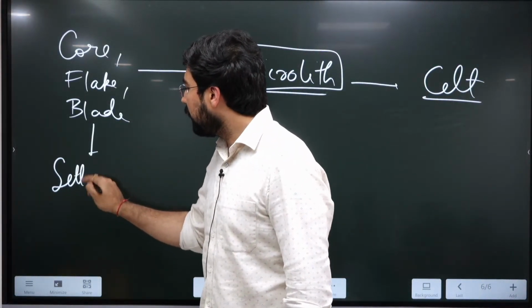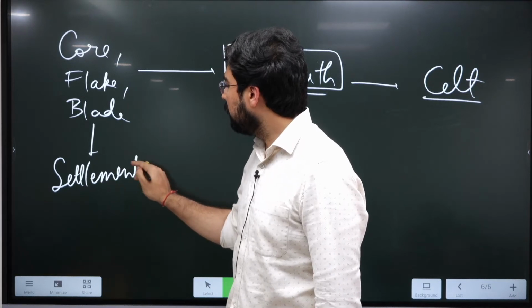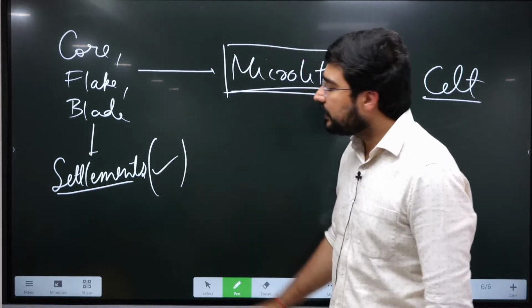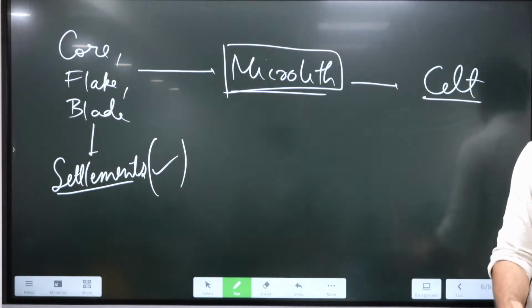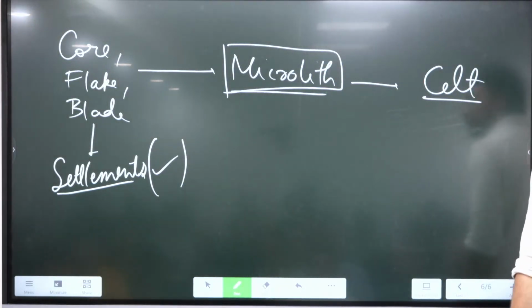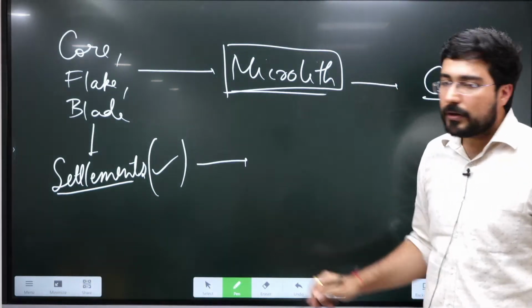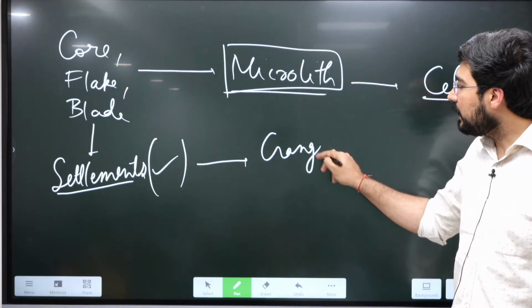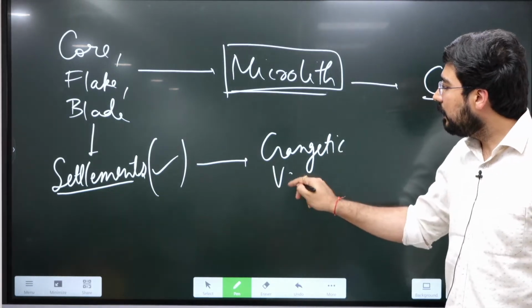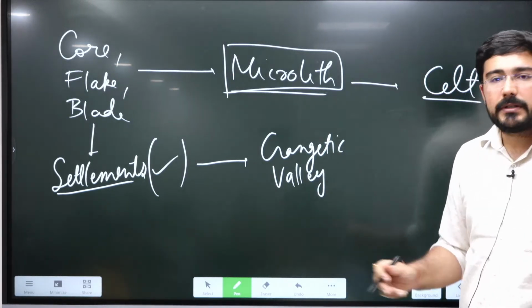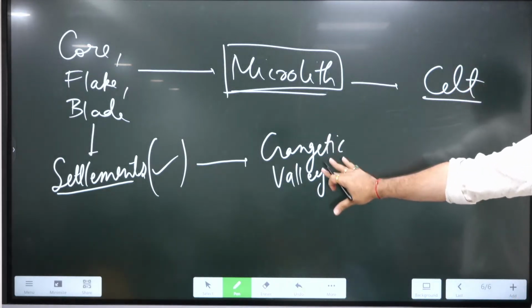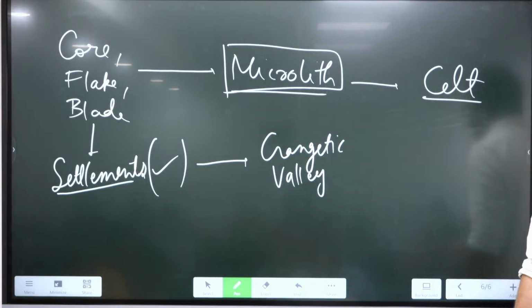If we see settlements also, okay, so here Paleolithic sites we find from majority of the Indian subcontinent, alright, but here because of the change of environment, the only remaining areas like Gangetic Valley, we see large number of settlements like Sarai Nahar Rai, Damdama, Mahadaha, all of these we find in Gangetic Valley.